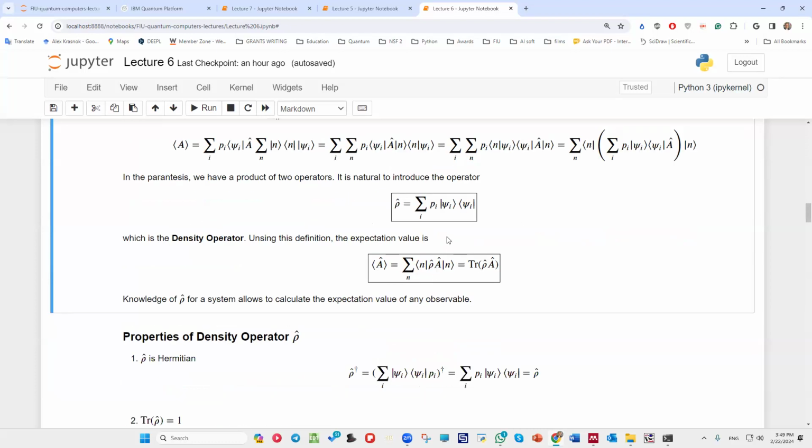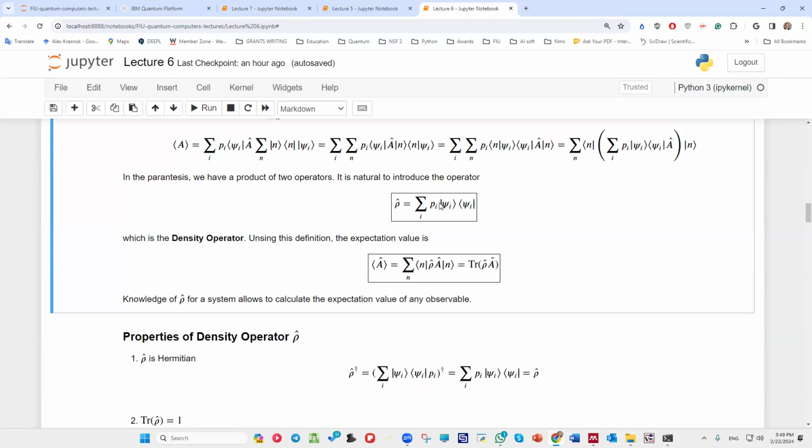And of course, if you know everything about the system, or if you have just one subsystem, one particle in my system, then I have only one p, which is equal to 1, because I know everything about the system.